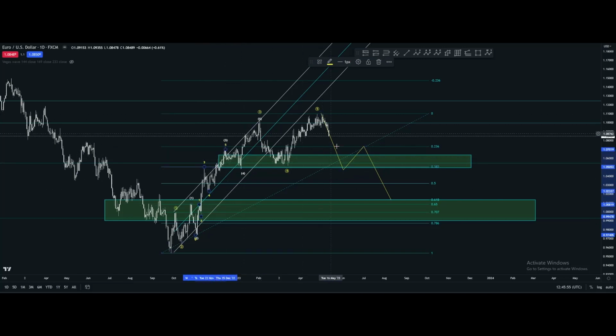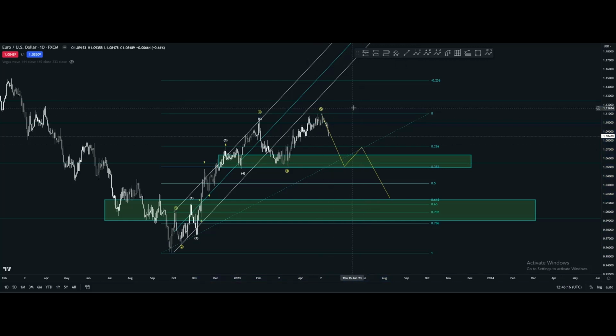So the first, if you're short, the first zone where you would take your profit would be the previous structure of the wave 4, and that would be your wave A, let's say, and then the B and the C.